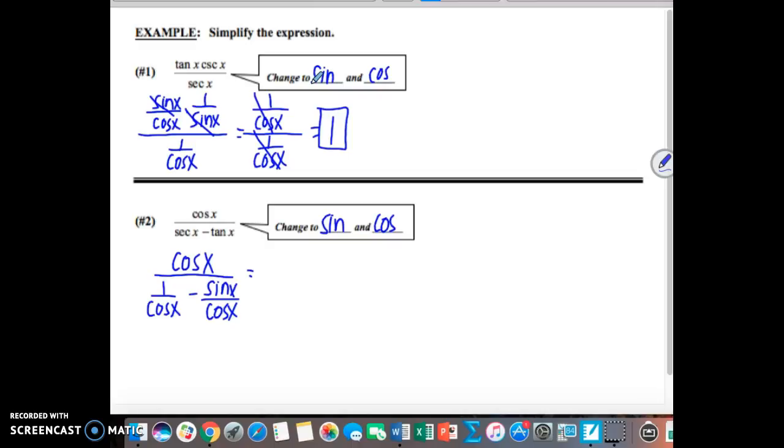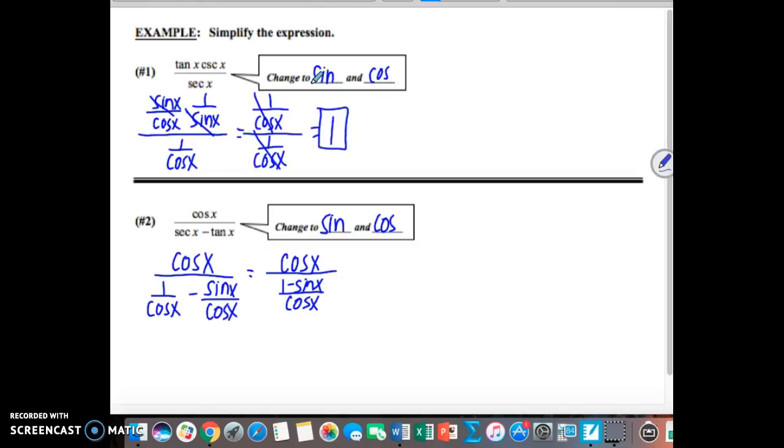Notice that we now have a common denominator in our denominator. So we can rewrite this, combining 1 over cosine of x minus sine over cosine of x. This becomes 1 minus sine of x divided by cosine of x.